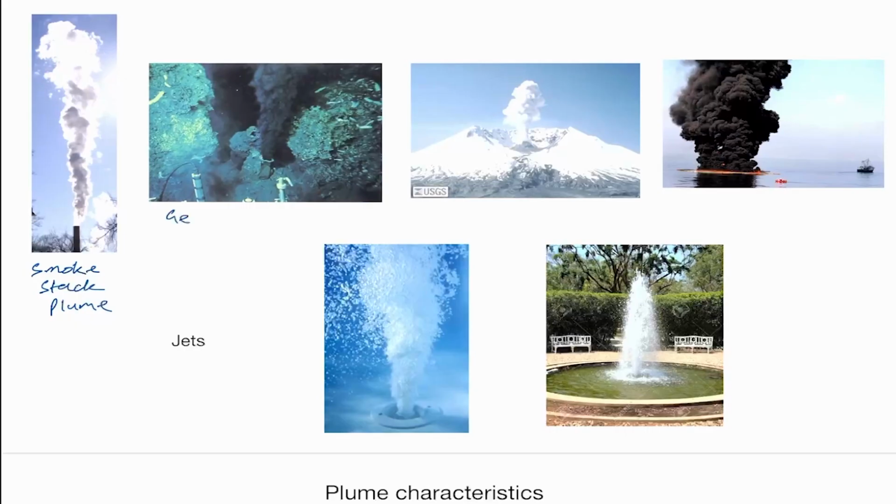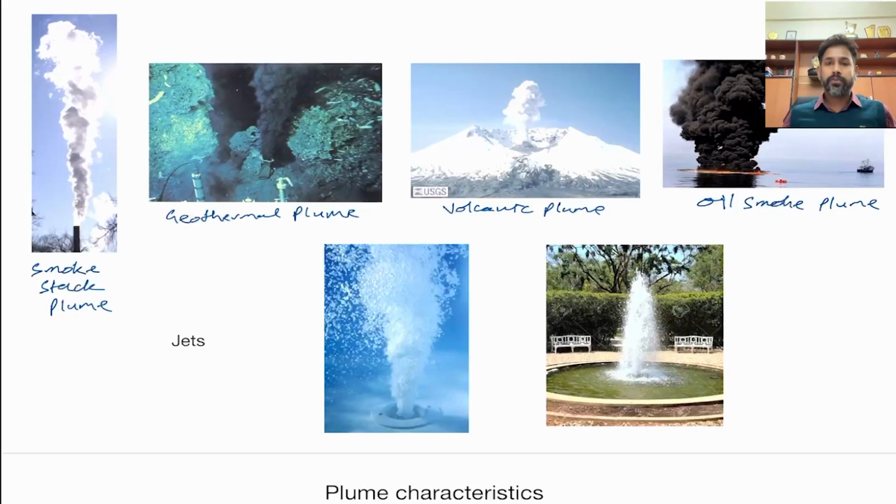This one may be called a geothermal plume. This one is a volcanic plume, right? And this one is basically an oil smoke plume. So these are different types of plumes.